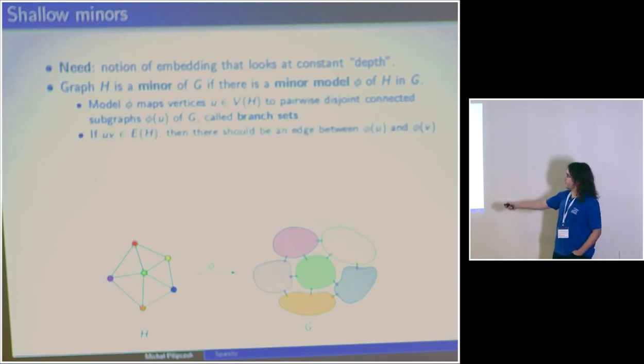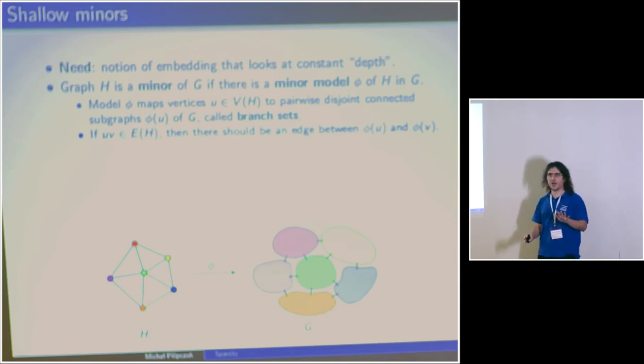Yes? And moreover, whenever I have an edge between 2 vertices of this graph, there should be an edge between the corresponding branches. Yes? So essentially, every vertex can be smeared on a connected subgraph in G so that the stains that I get from vertices are disjoint and the connectivity is preserved.